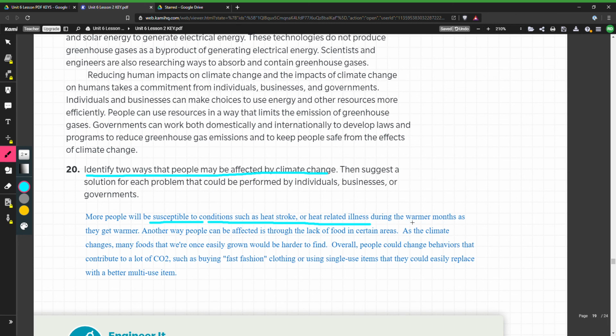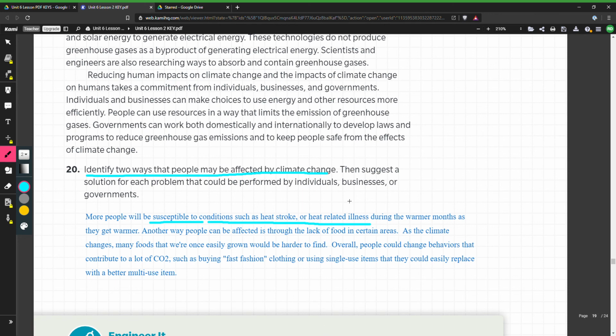Older people, children, and animals will have a harder time as it gets much warmer, especially during the really hot months. And that could change how food is growing, and that can make things harder to find because maybe things used to grow locally, but now they don't.